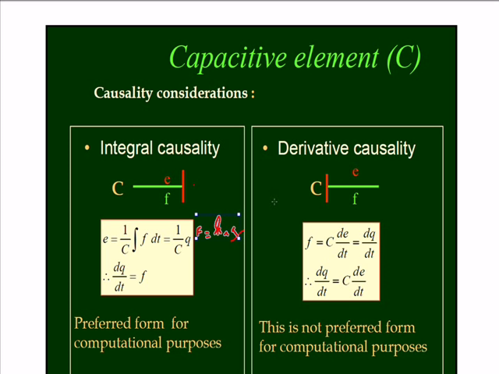Okay, so in here, if we have another situation where you have it in this form, all you're doing is writing the equation a little differently. You see, F is equal to C times dE dt, and this is the same dQ dt. But do you notice the big difference?